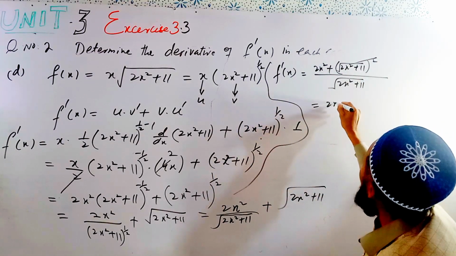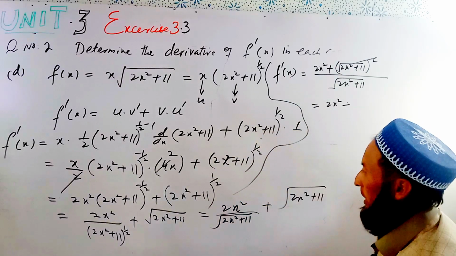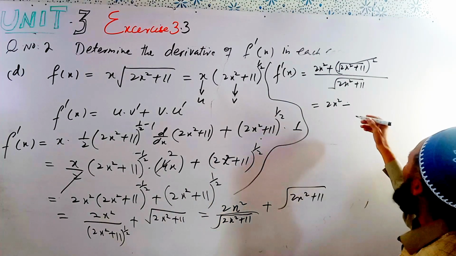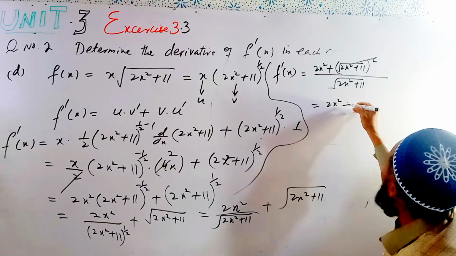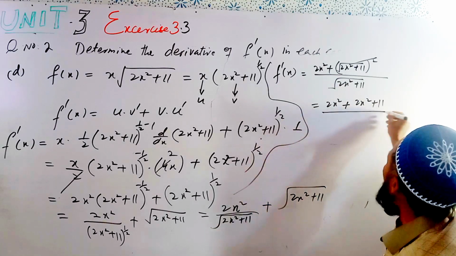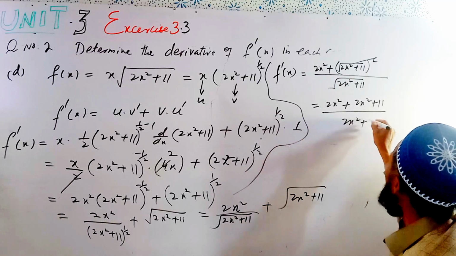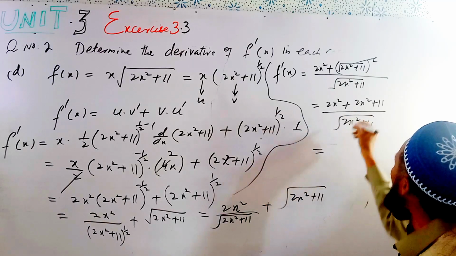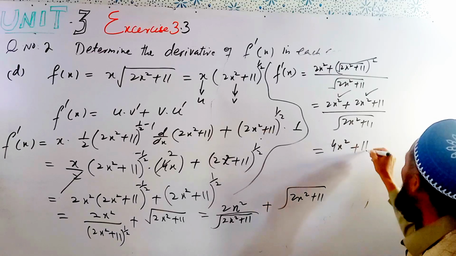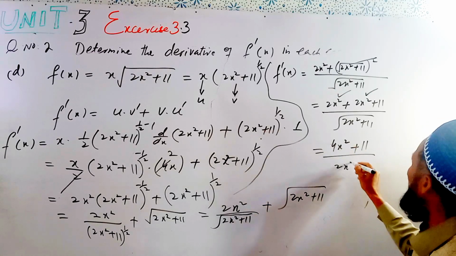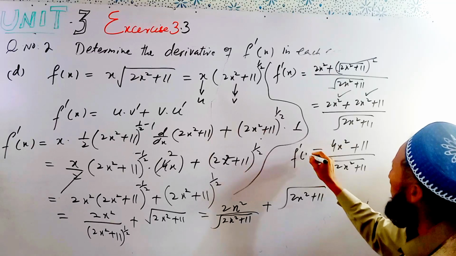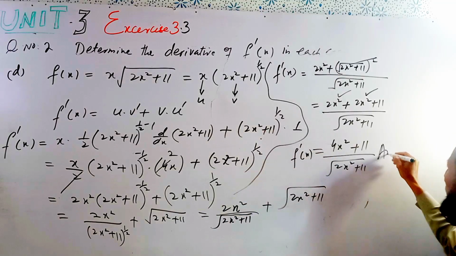We get here 2x² plus 2x² plus 11 divided by √(2x² + 11), is equal to 4x² + 11 divided by √(2x² + 11). f'(x) is the required answer.